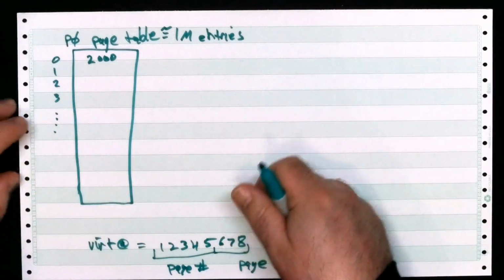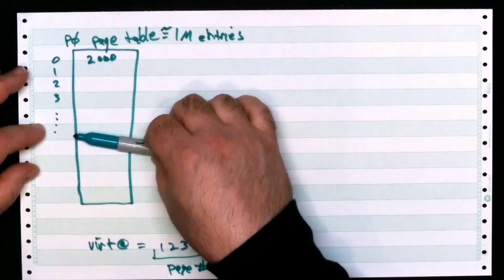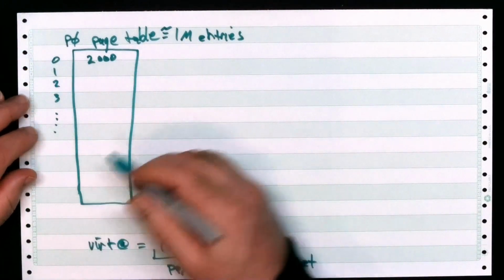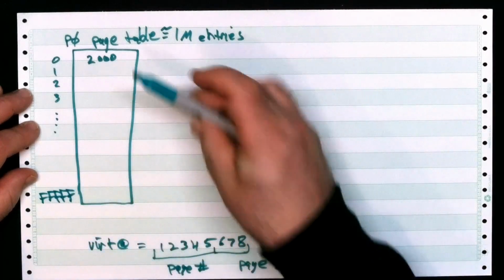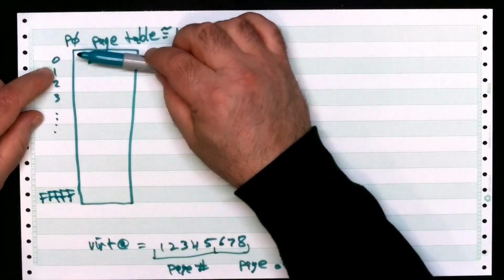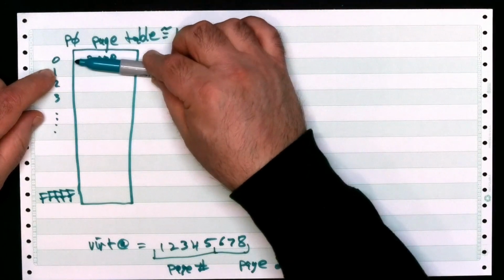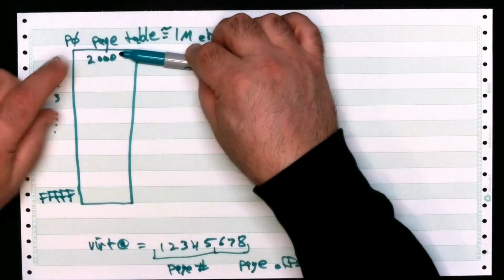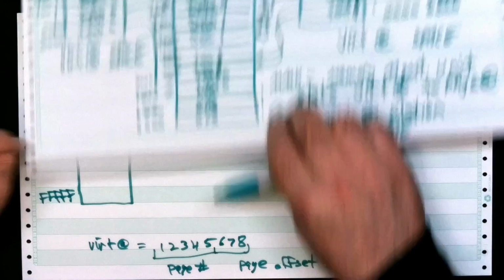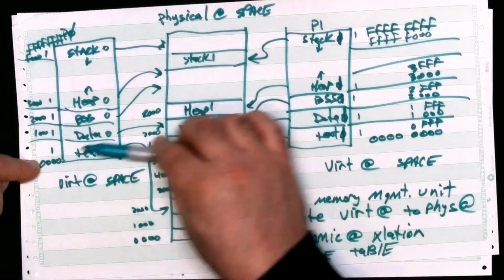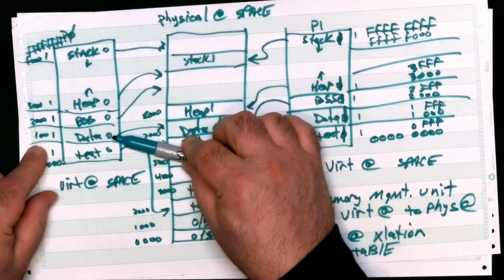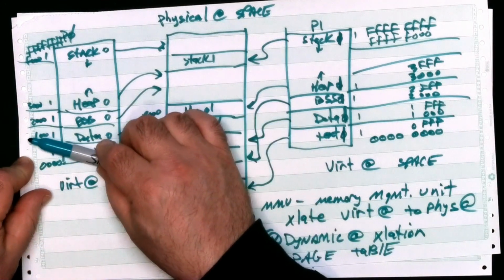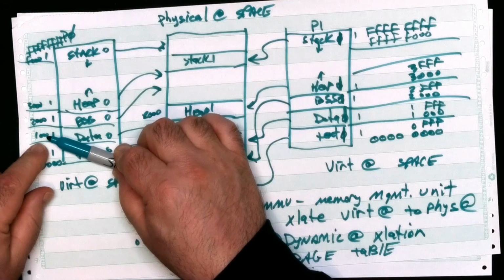So if we use hex addresses over here, because I don't want to do the conversion in my head, page table entry number 0 for page number 0 maps to physical address 2000. Or does page number 1 map? Well, that would be 00001,000.